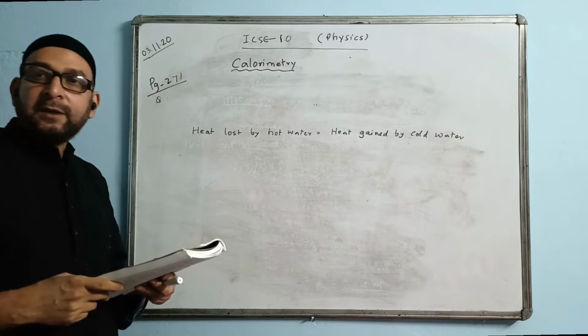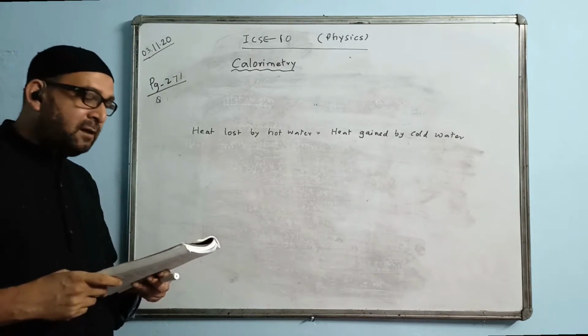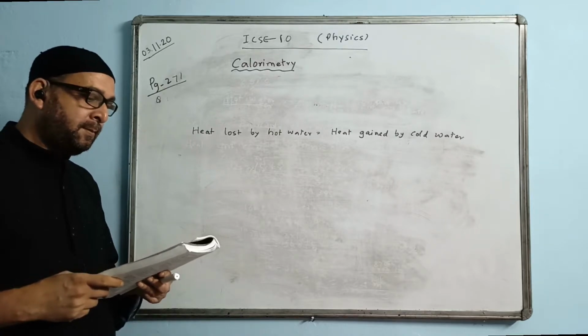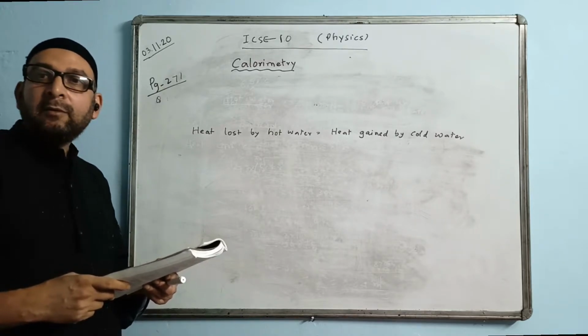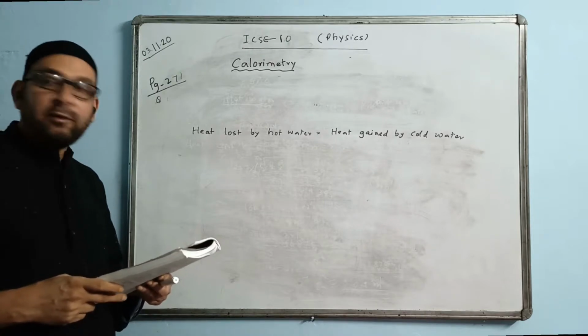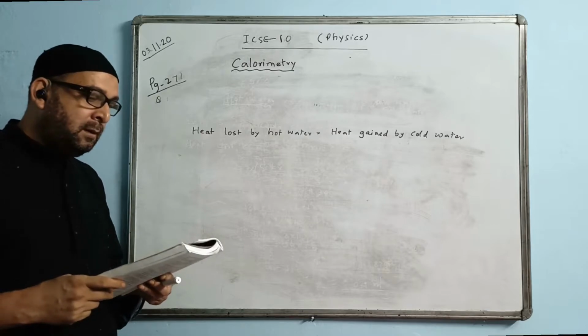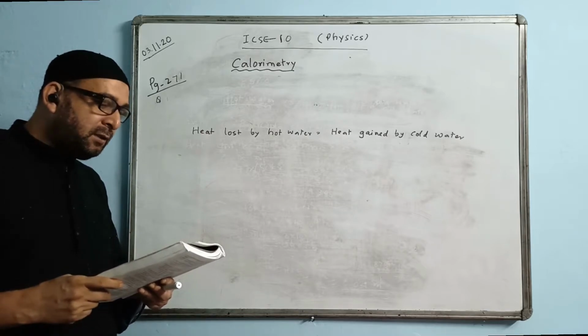The final temperature is 20 degrees Celsius. Calculate the specific heat capacity of the metal.